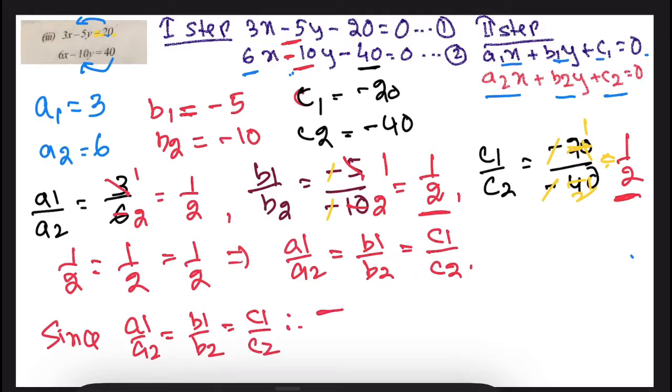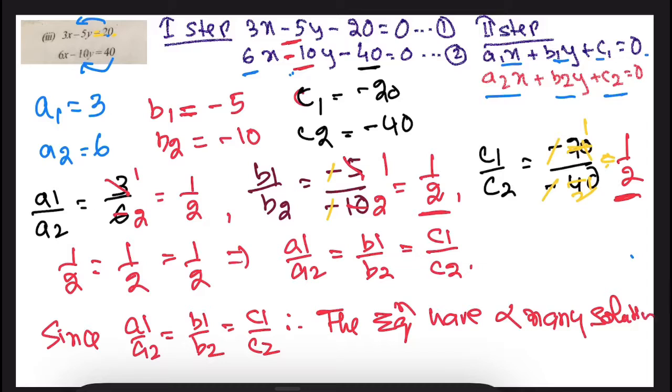Therefore, the equations have infinitely many solutions. So we need not find the x and y values; he said only if it is unique do you find x and y in the cross multiplication method.